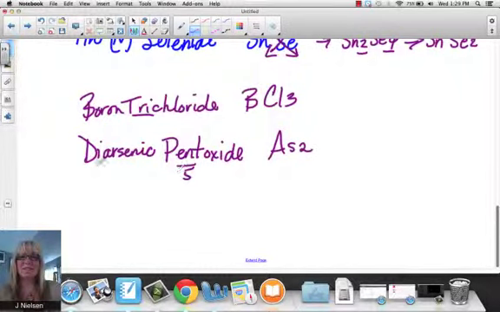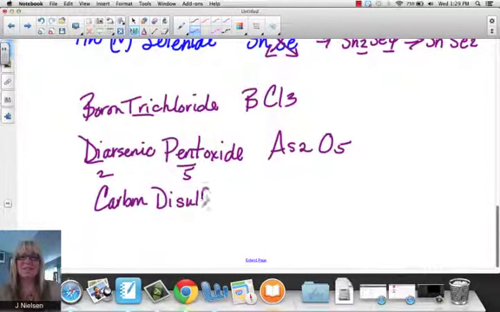I'm just going to write these down here, and it's oxygen, so it's O5. And let's see, carbon disulfide. So carbon is just 1, and we got 2 on the sulfur, so CS2.